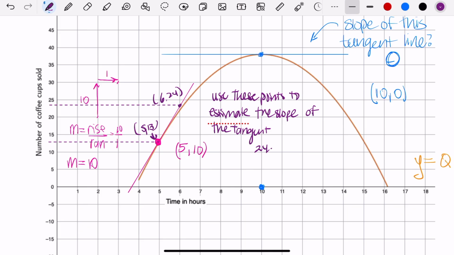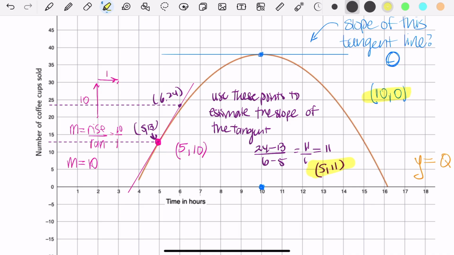So 24 minus 13 over 6 minus 5. What is that? 11 over 1, 11. So it's pretty close to 10. It's fairly close to the estimate. So if you were using this method, you would say the slope is 11. Now these points that I'm estimating here, either (5, 10) and (10, 0), or (5, 11) and (10, 0), these are points on your tangent line.